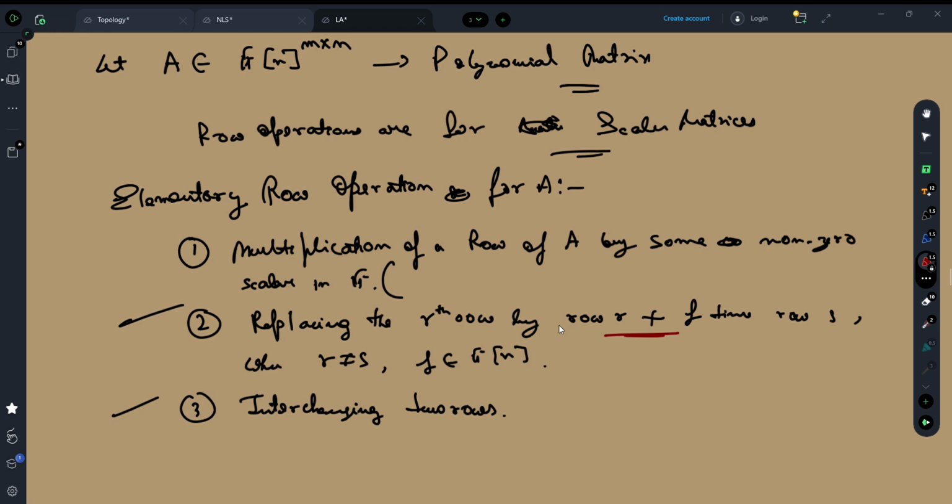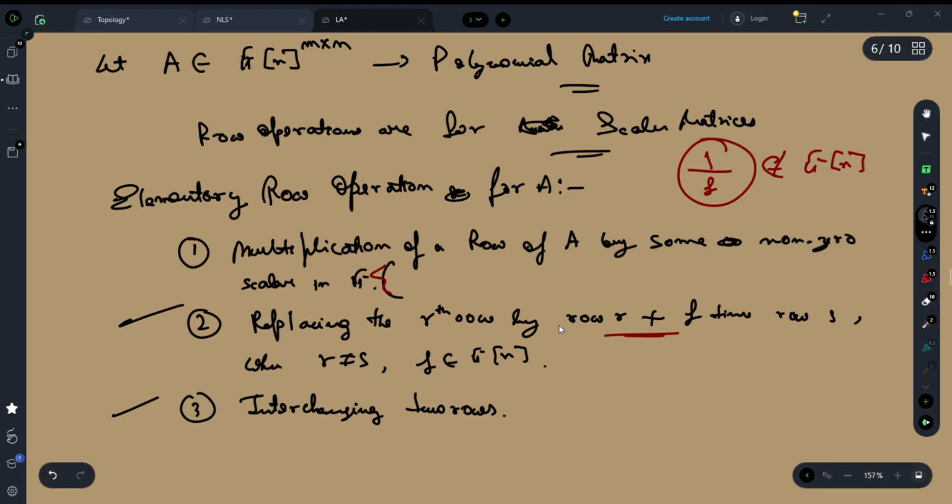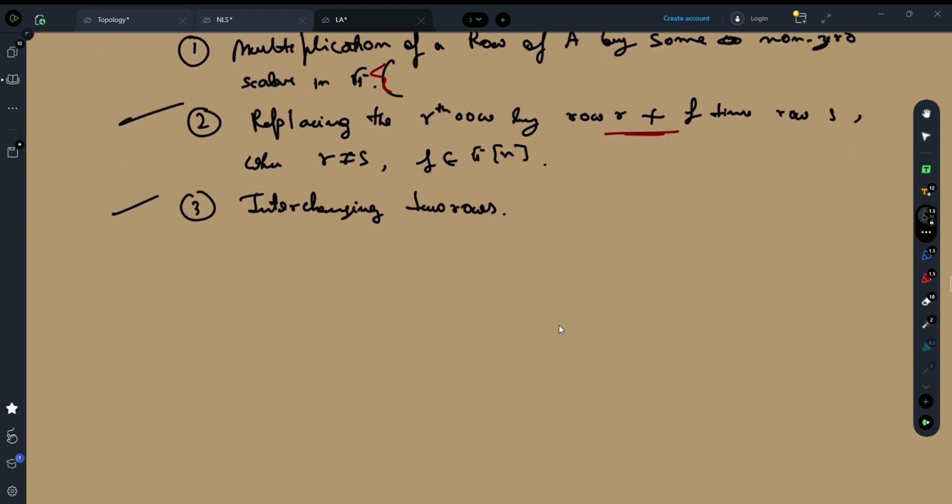If I had row r plus f times row s, we can invert this to get the original matrix. In the case of the first point, if I multiply by an arbitrary polynomial f, then to have the inverse we need to divide by f, that is, multiply by the reciprocal of some polynomial. But this is no more a polynomial, right? This is not in F[x]. The reciprocal of an element will remain in F[x] only if f is a constant polynomial, or f is some non-zero scalar. Yes, it's clear now? I'm not writing it anymore. Got it?